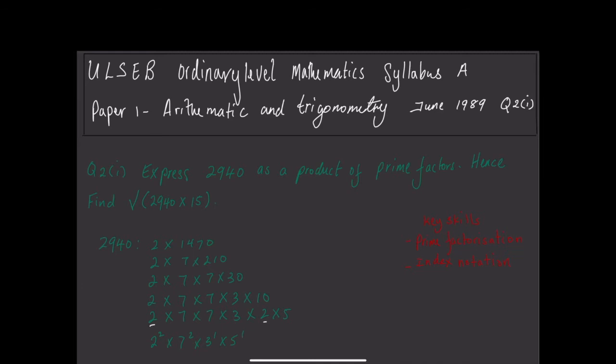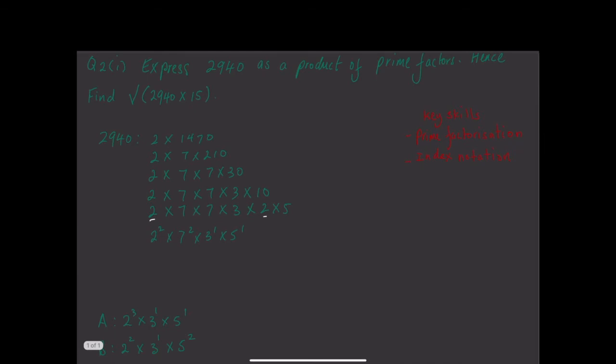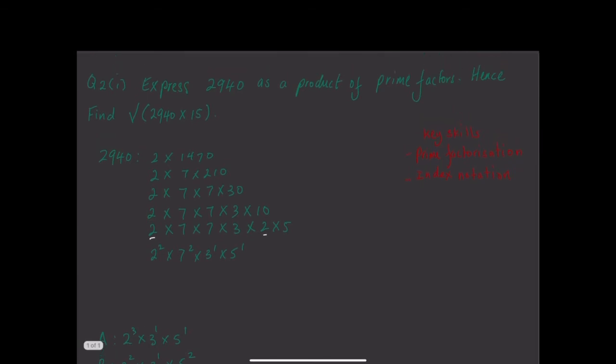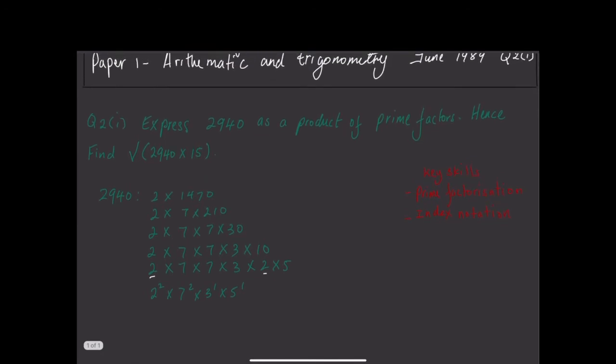Now we move to the second part of the question, where it states to find the square root of 2,940 times 15. So this is what we're going to do.